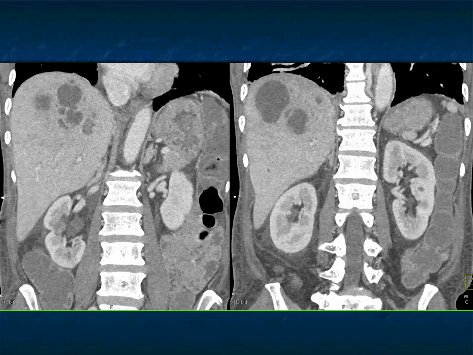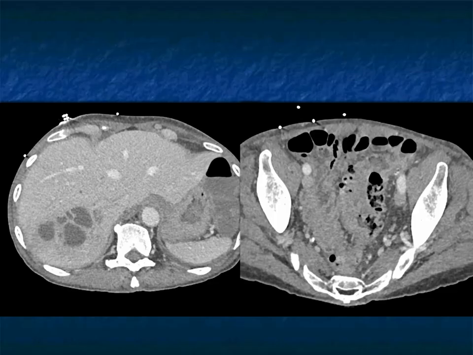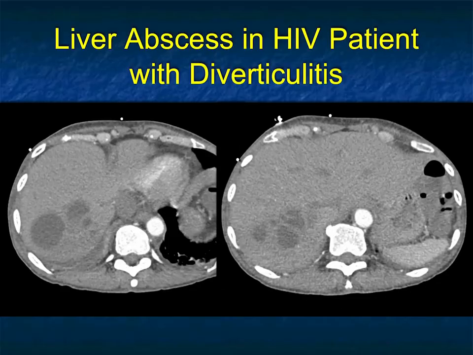But so many lesions clustered together almost looks like a cloverleaf sign, which is a sign you talk about in patients with liver abscesses. As you scanned into the patient's pelvis, the patient had diverticulitis, and this was a liver abscess, more common in the right lobe, from acute diverticulitis.